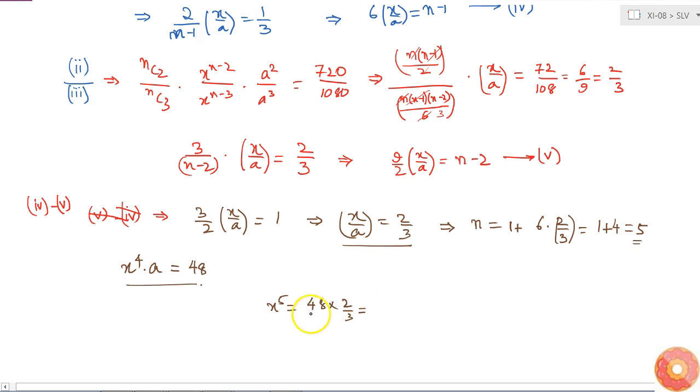What will that be? 48 by 3 is 16. 16 into 2 is 32, which is same as 2^5. So x is equal to 2, which means that x by a is 2 by 3 and x is 2. So a will be 3. Therefore my final answers are n is equal to 5, x equal to 2 and a is equal to 3.